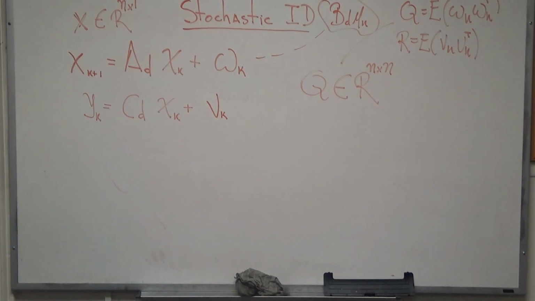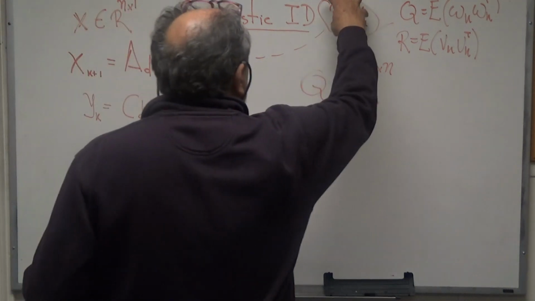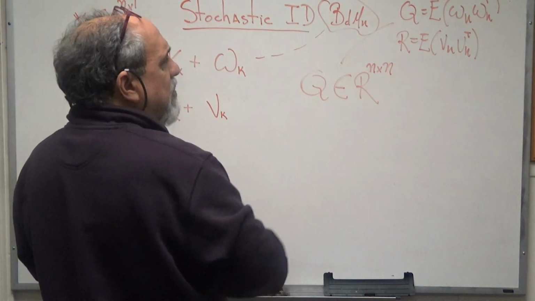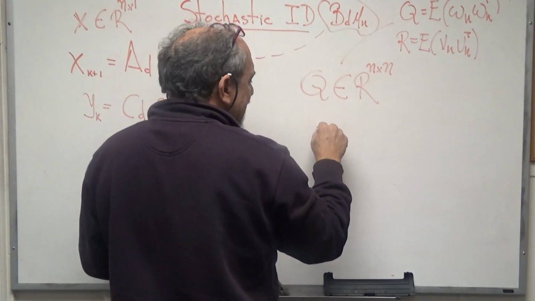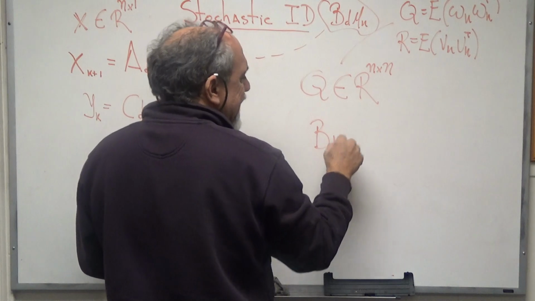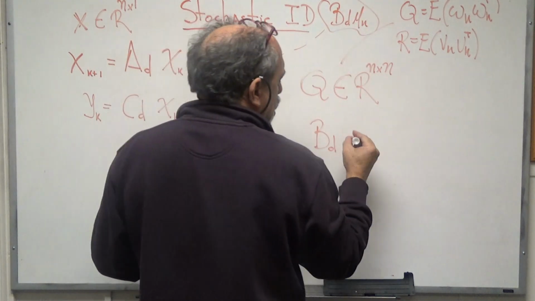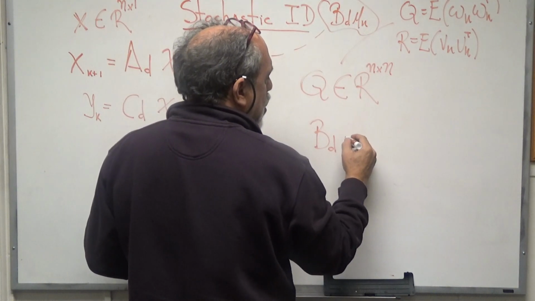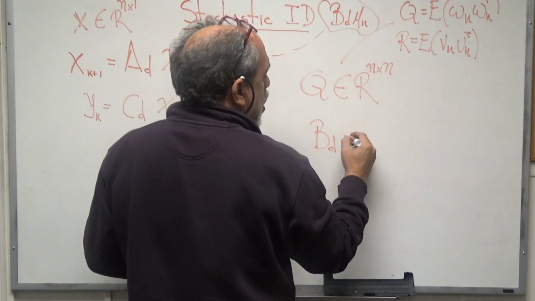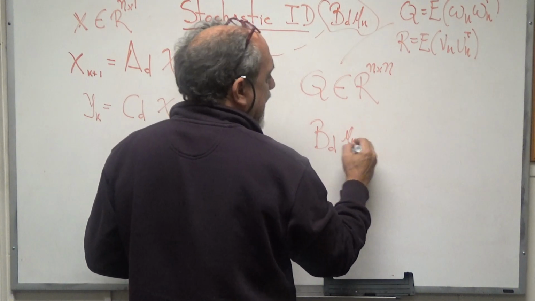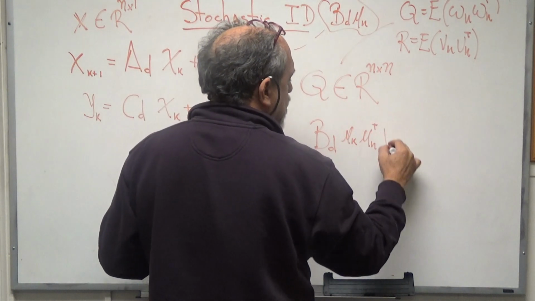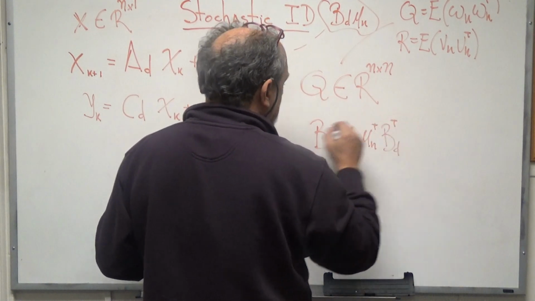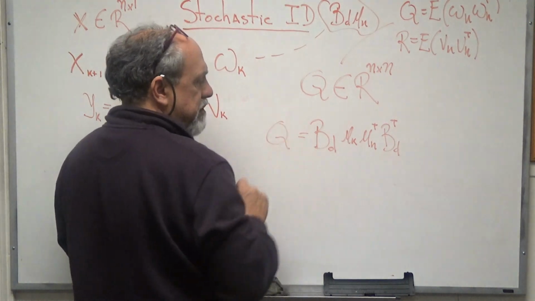But it's important to recognize that Q comes from some loading, right? If you actually look at omega k, it is BD times something that we don't know. We could call it UK, if you'd like. And if we transpose that, that's UK transpose times BD transpose, right? So this is really what Q is.